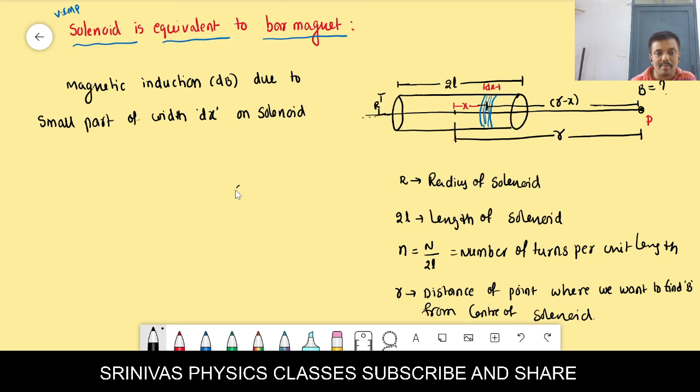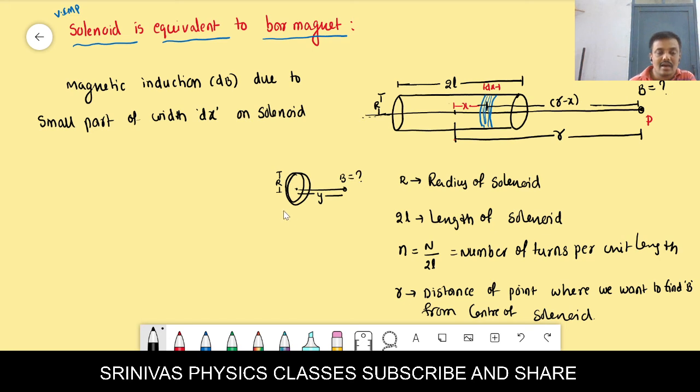The small part on the solenoid will act like a coil. Is it correct? For example, the small part will be like this, its radius is capital R, and at a distance y I want the magnetic field.